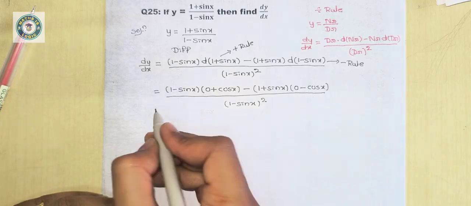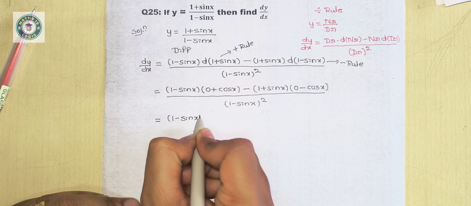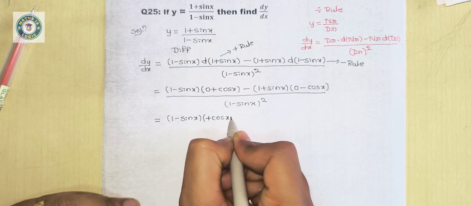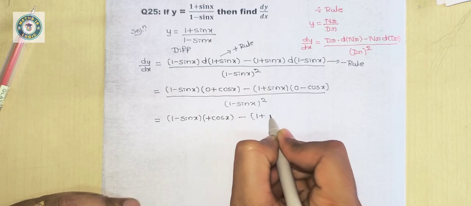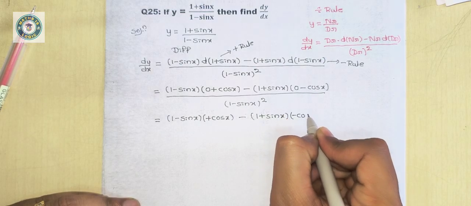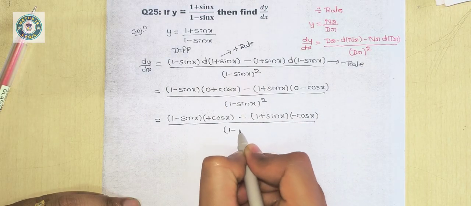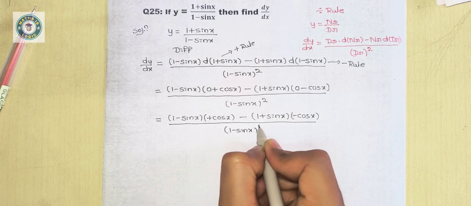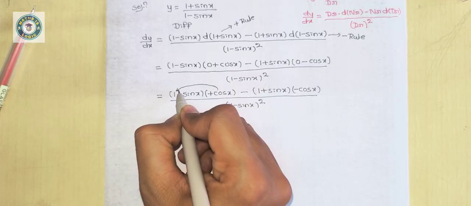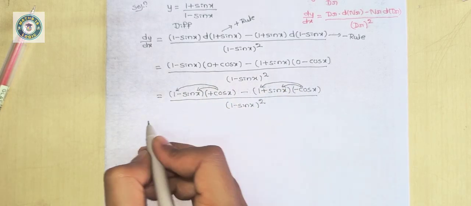Next, simplify these two first, which is equal to, again in bracket, 1 minus sin x, I am going to keep it as it is. 0 plus cos x is plus cos x. Next, minus 1 plus sin x as it is, 0 minus cos x is minus cos x, divided by 1 minus sin x whole bracket square. Next, open the bracket, these two, and here also open the bracket, these two, do the multiplication.